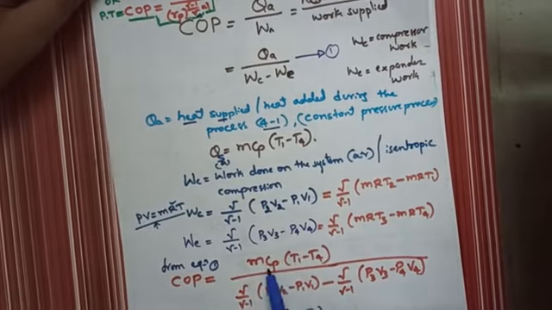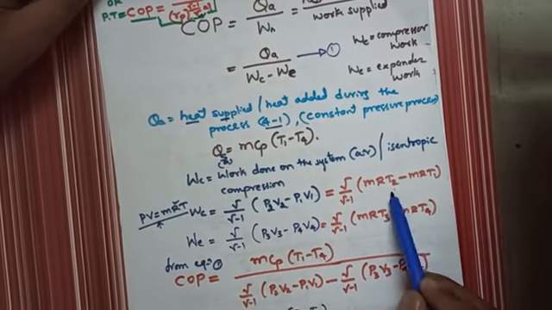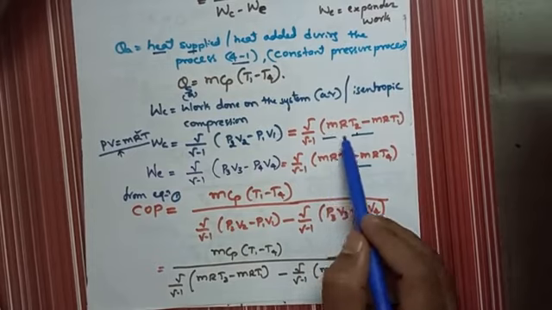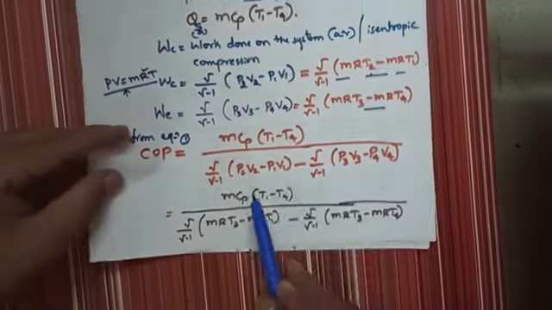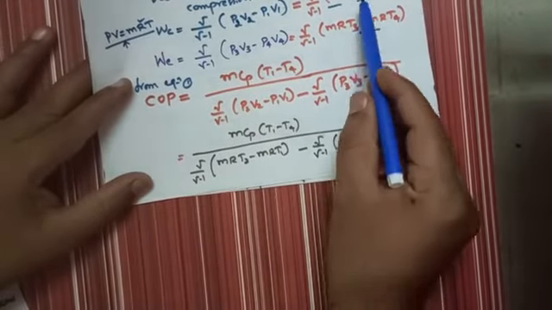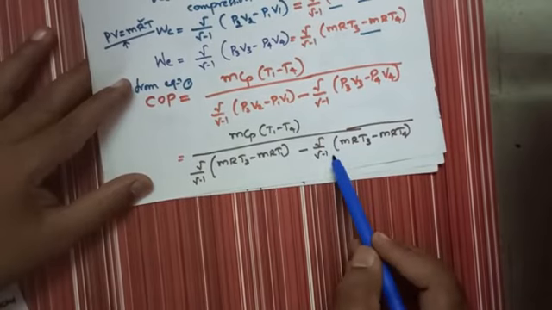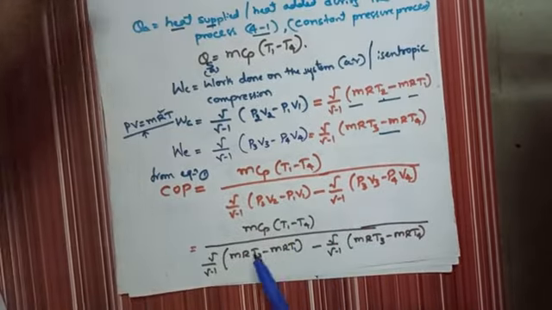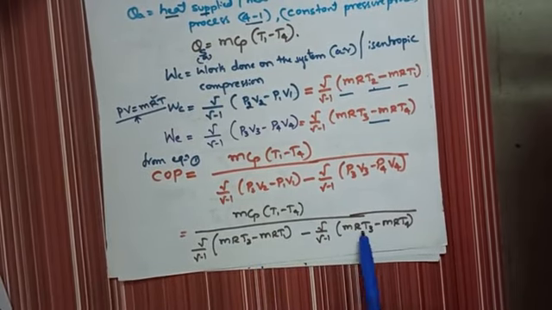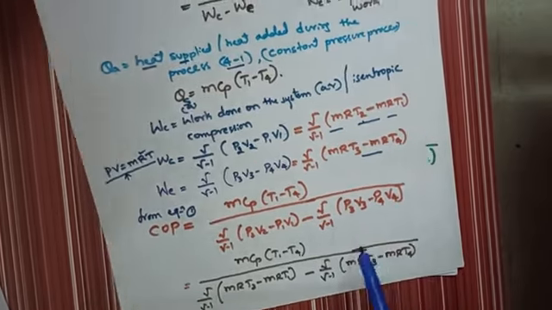This equation is QA, and these two equations I will substitute here. Now we will simplify this equation. I have substituted in terms of temperature only. This is a simplified form of the equation. Here m is common between these terms, and R is also common between these two terms. I will take m and R as common terms outside.